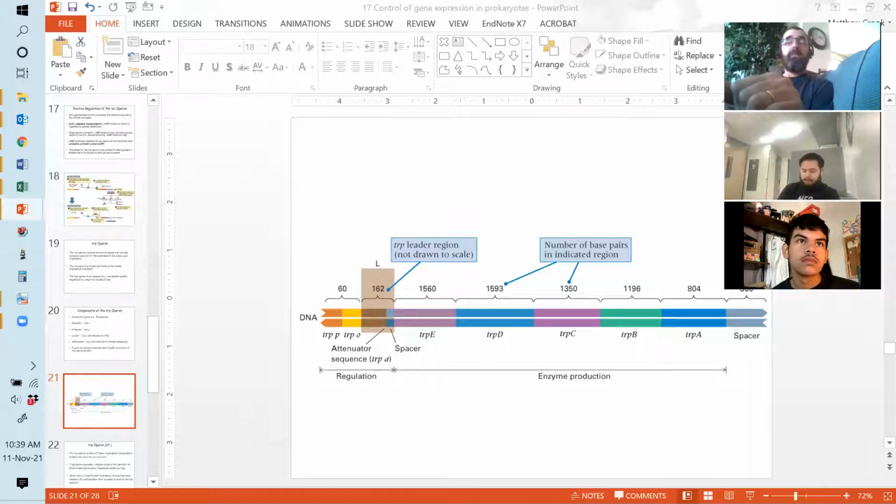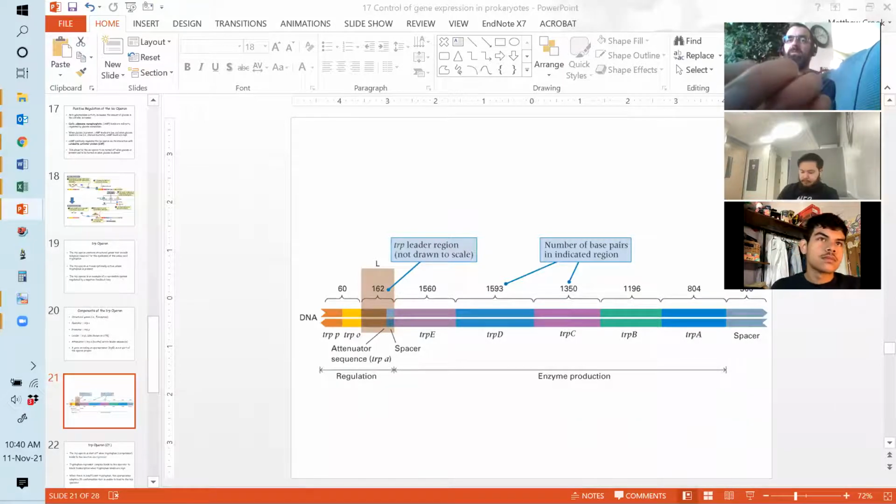So again, as with the lac operon, we've got a big on-off switch and a fine tuning. trpR is the on-off switch of the trp operon. trpL equals the fine tuning.